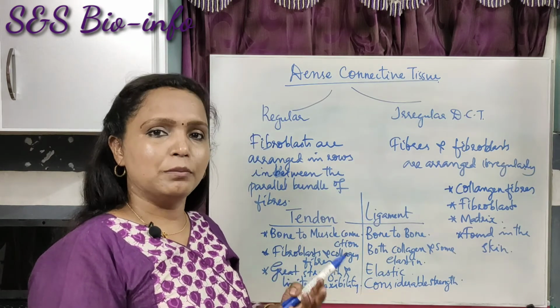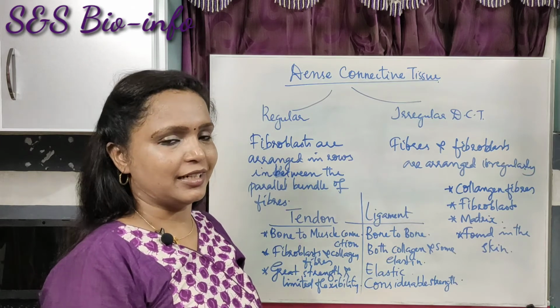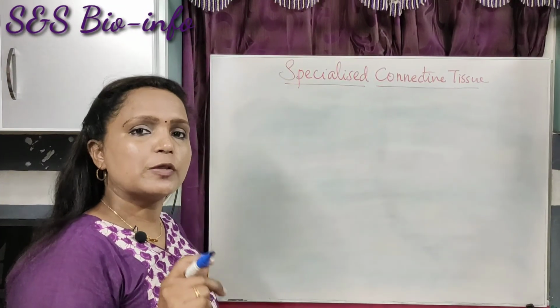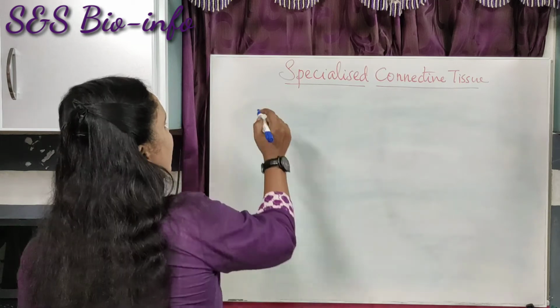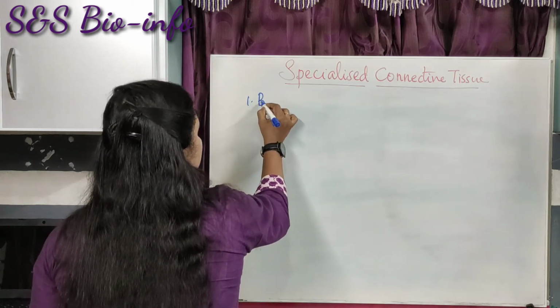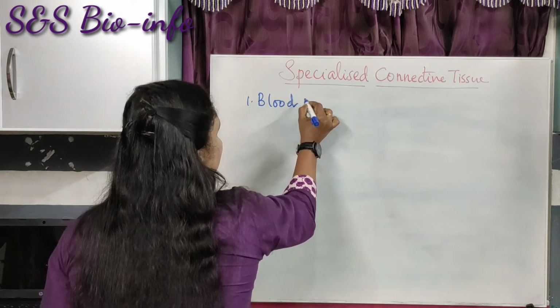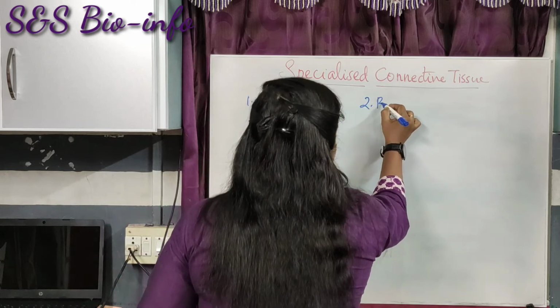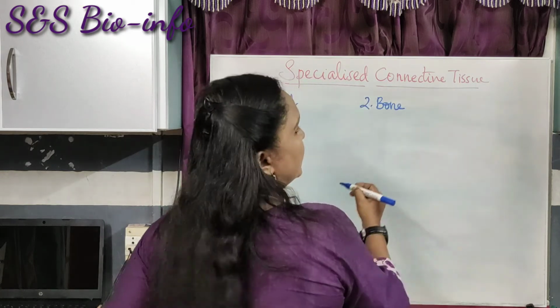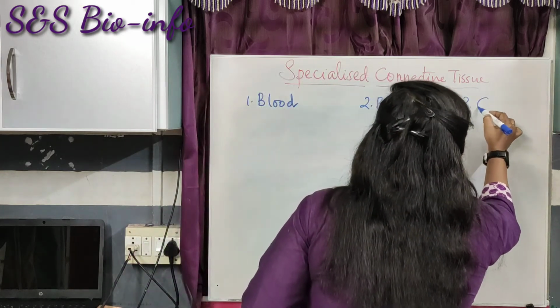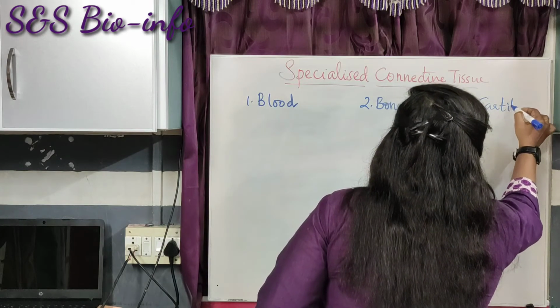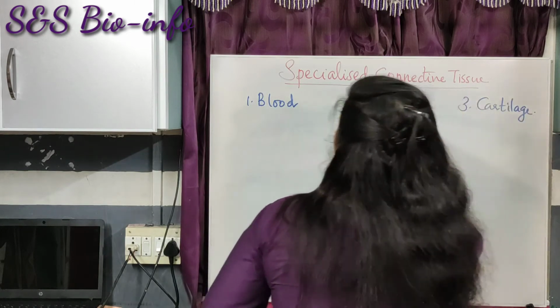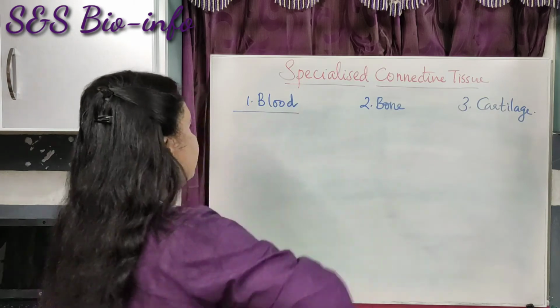Those are blood, bone and cartilage. The three types of specialized connective tissues are, first one blood, then bone and third cartilage. Okay, first of all, blood.